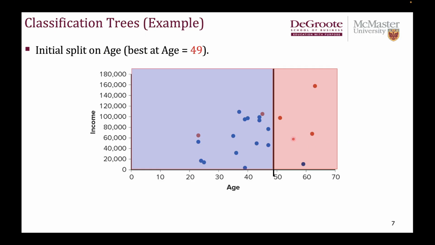So for example, in the red region, looking at those data points, 3 red points with only 1 blue point, I can say that for any customer there, we are confident that that customer is a yes, red color, roughly with a probability of 75%, right? Because 3 red points versus only 1 blue point.